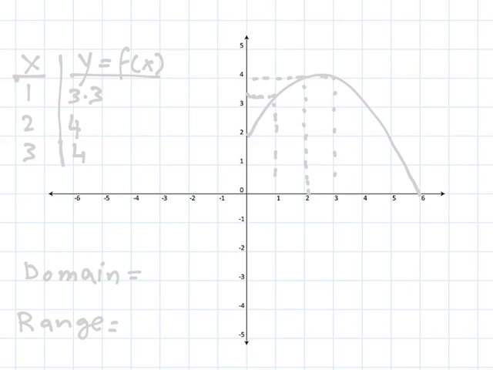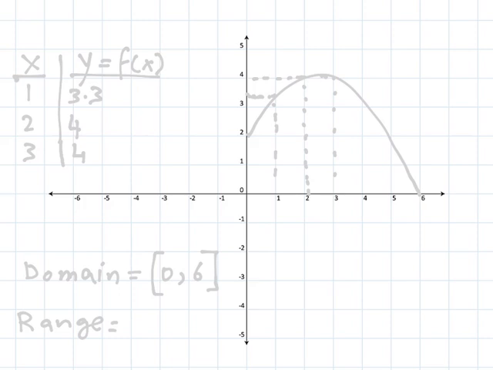So in this case, the domain would be from 0 to 6. And 0 and 6 are included, so we close the intervals.